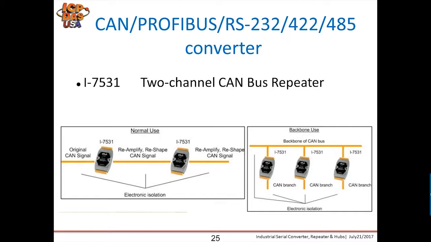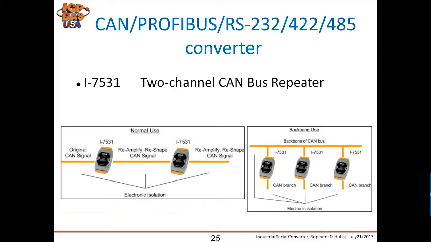We also have CAN bus repeater. So this is I-7531. It can be used to establish a physical coupling of two segments of CAN bus system.